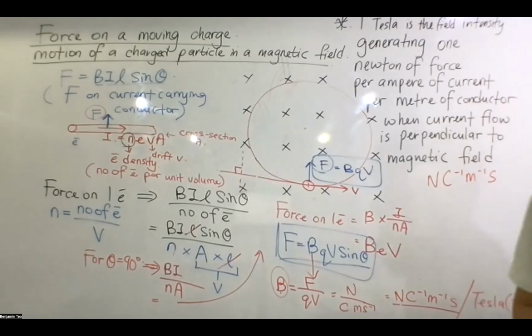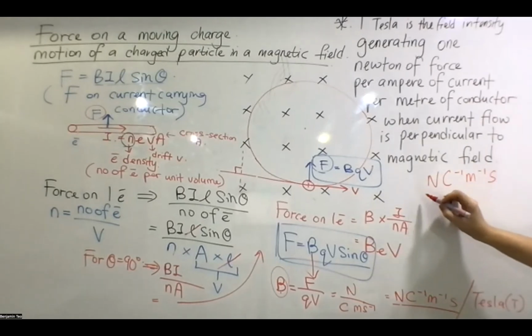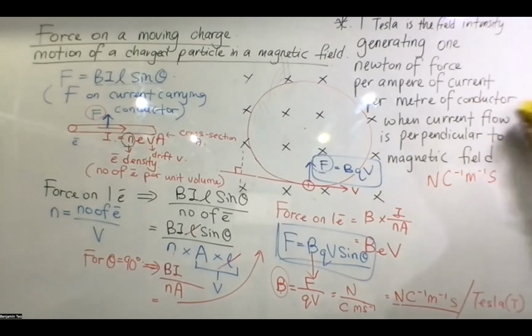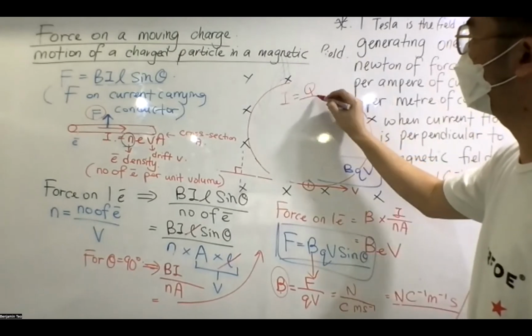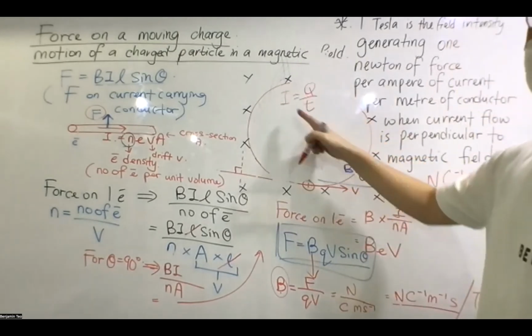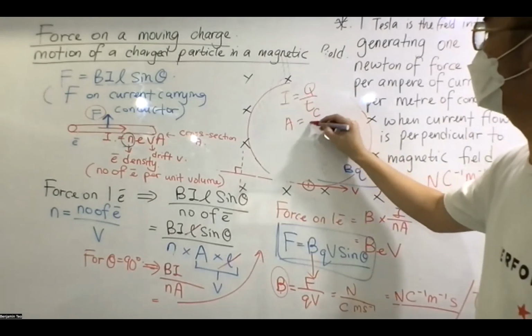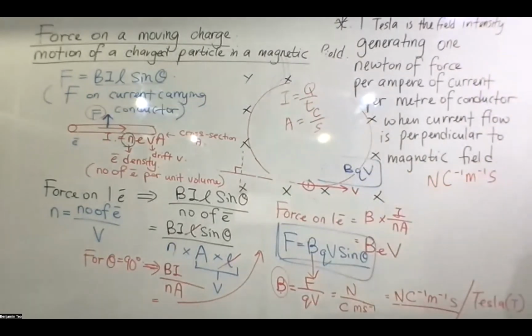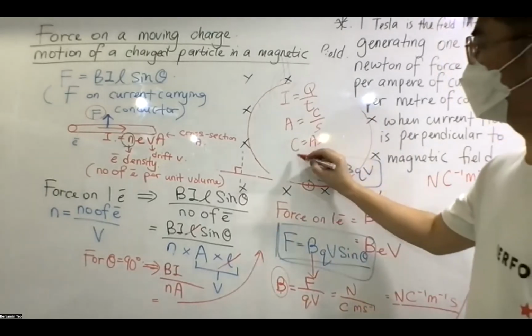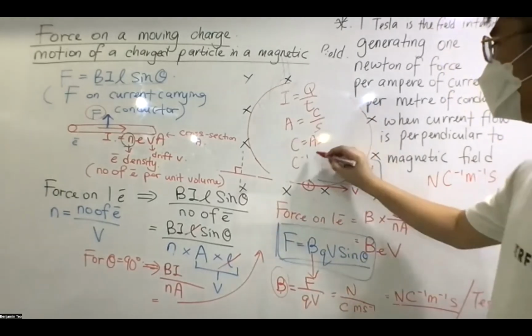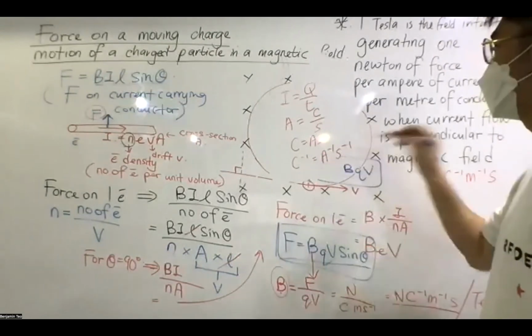We will do one more step. We know that I equals Q over t, right? So ampere is Coulomb per second, so Coulomb is ampere second. And what is Coulomb minus 1? It's ampere minus 1, second minus 1.